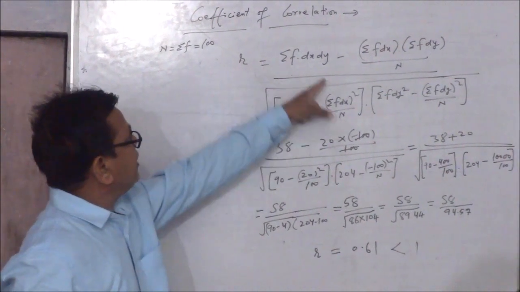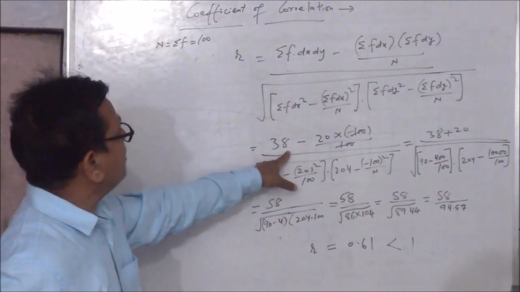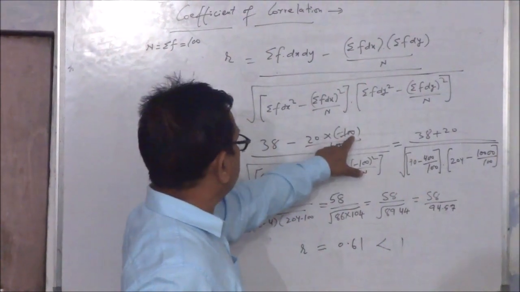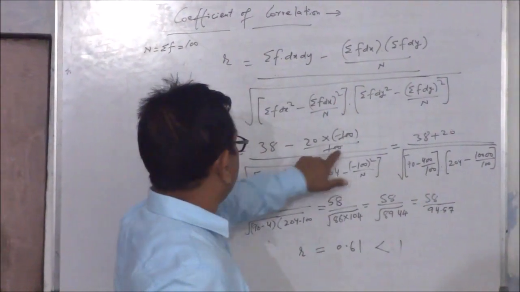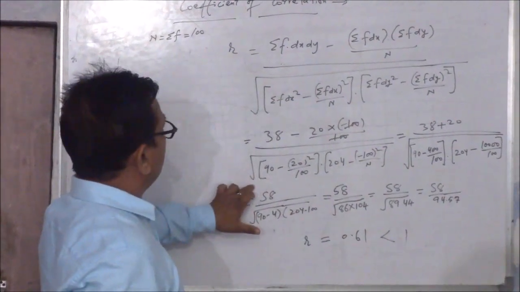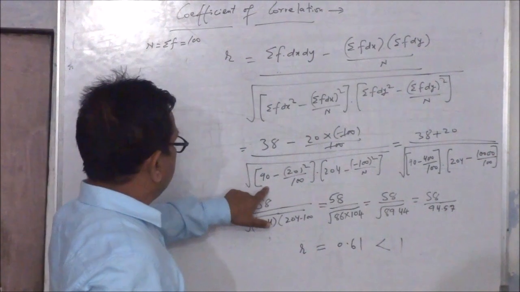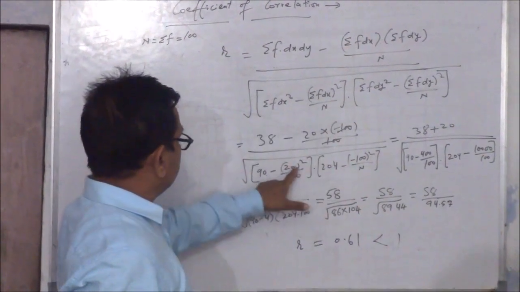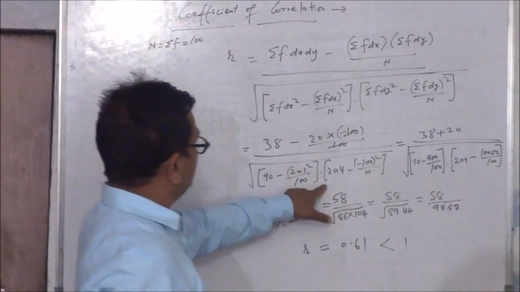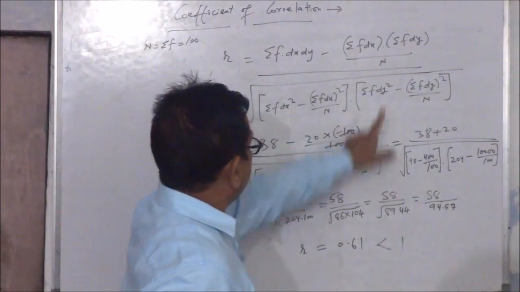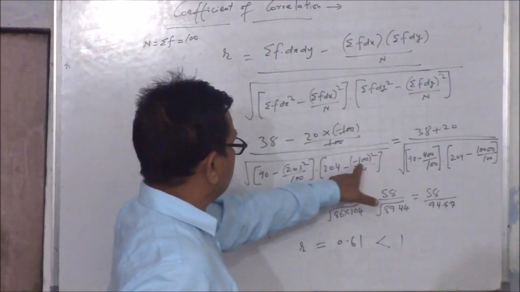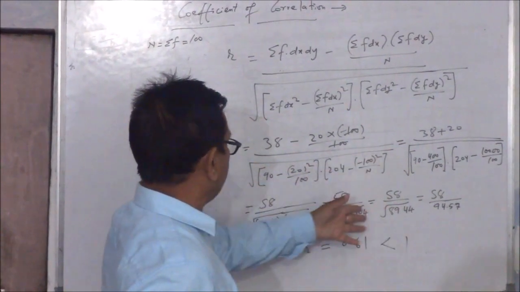Now summation f dx dy, that is 38, summation f dx, that is 20, summation f dy, minus 100, upon n, which is 100. Now the whole divided by under root of summation f dx square, which is 90, minus summation f dx 20 its whole square upon n 100, into summation f dy square, this is 204, minus summation f dy, this was minus 100, its whole square upon n.